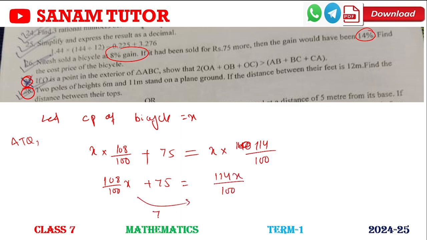Now 75 equal to 114 by 100x minus 108 by 100x. Now subtract, that is 114, because here is 100, 114 minus 108, that is 6, means 6x.